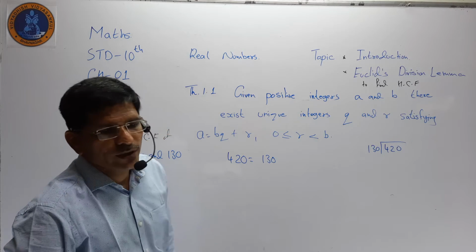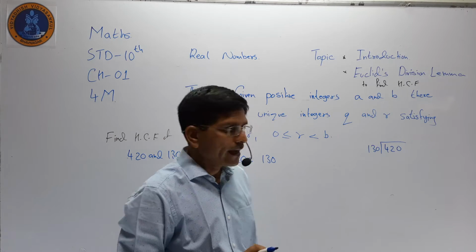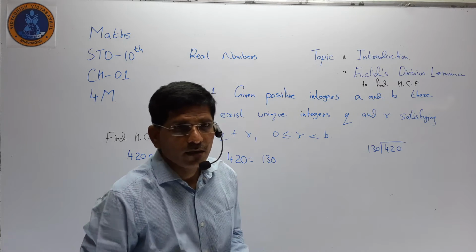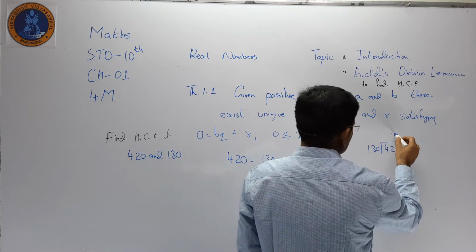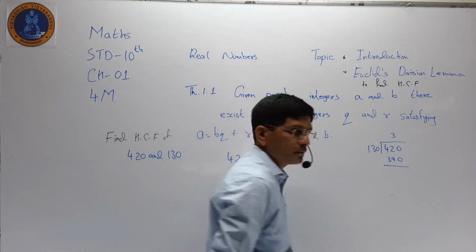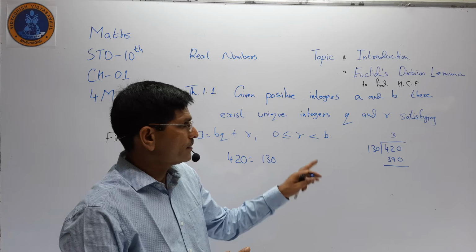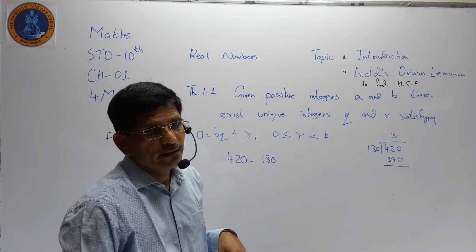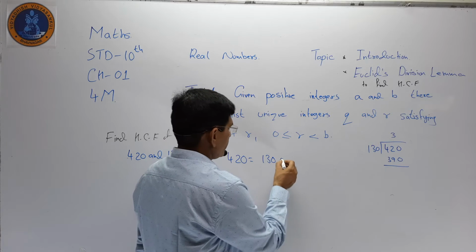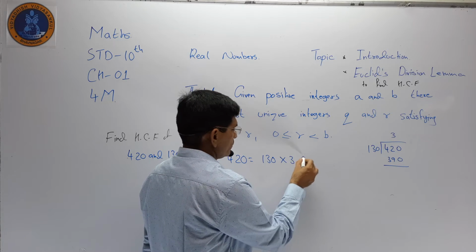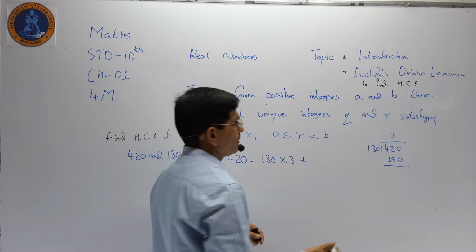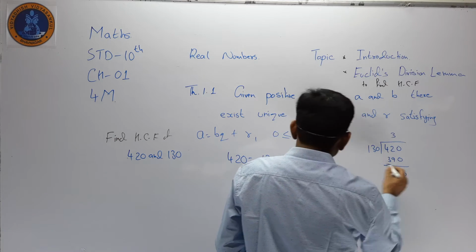Now, if we do it, what do I have to do? 13 threes are 390. So 390. So what do I have to write here? Into 3. Now what is the remainder? 30 is my remainder.